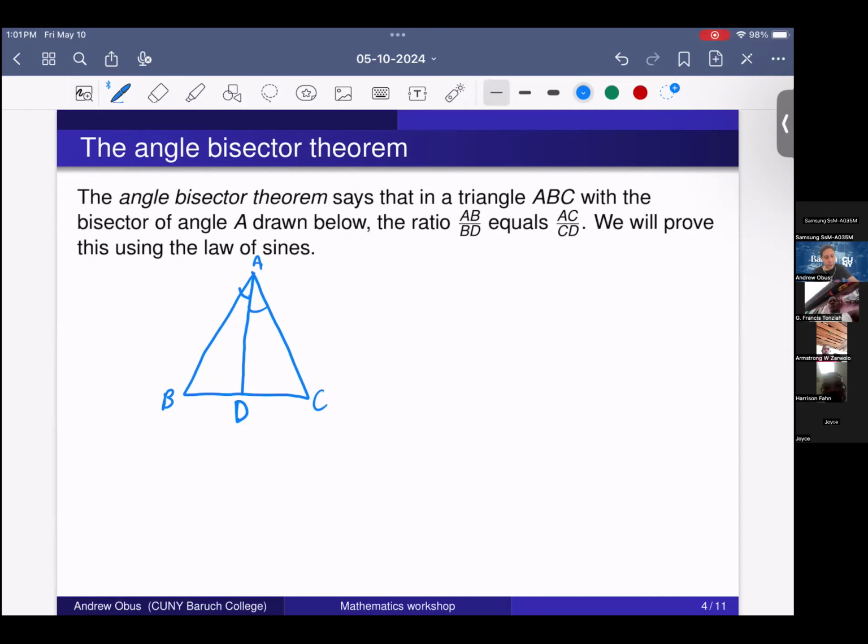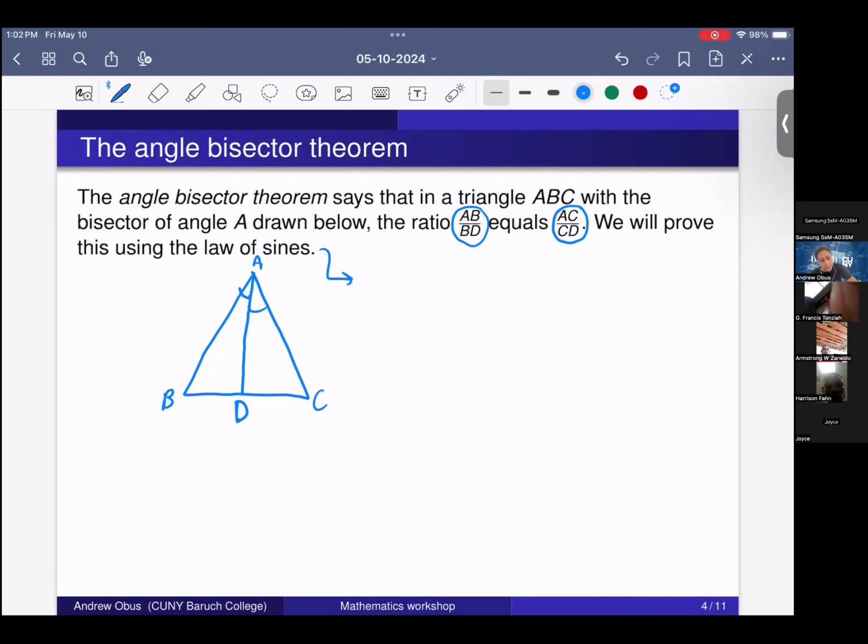We're going to call this point D, where the line hits line BC. The angle bisector theorem says that the ratio AB over BD, the ratio of this side to this side, is equal to the ratio AC over CD. We're going to prove this using the law of sines.